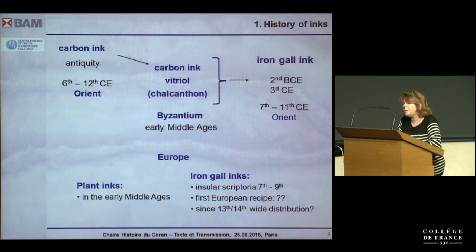However, the first recipe of this ink appears only in the 12th century, though by the 12th century, iron gall inks were all over. So in our work, we are studying manuscripts from different cultures and different times, recording the composition of the inks, and trying to see how the exchange of inks went.